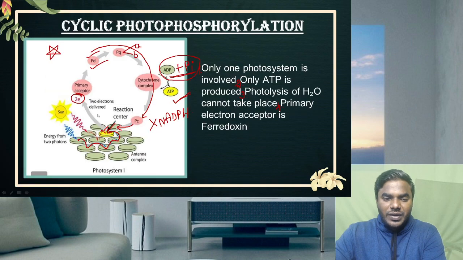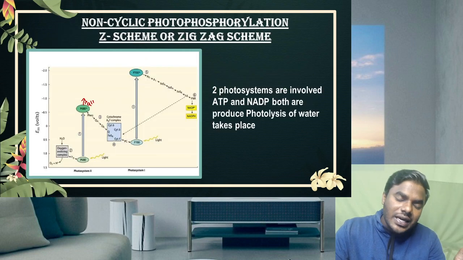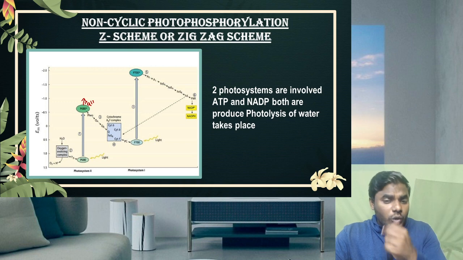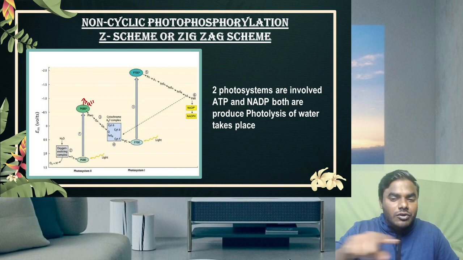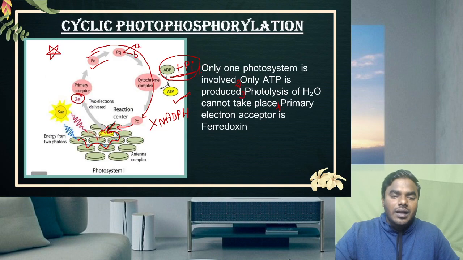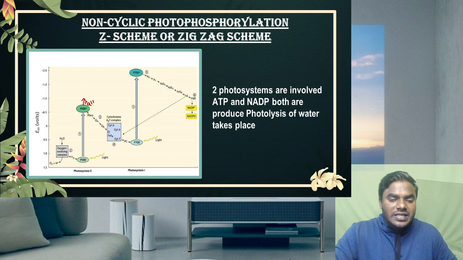And who is the primary electron acceptor? Let me write here. What are the electron acceptors in cyclic photophosphorylation? I don't want you to compare, but for your easy remembrance I am explaining that. Why should you not compare the electron scheme? The reason is, cyclic photophosphorylation takes place in bacteria, and non-cyclic photophosphorylation takes place exclusively in higher plants. That's why you should not compare the electron scheme.